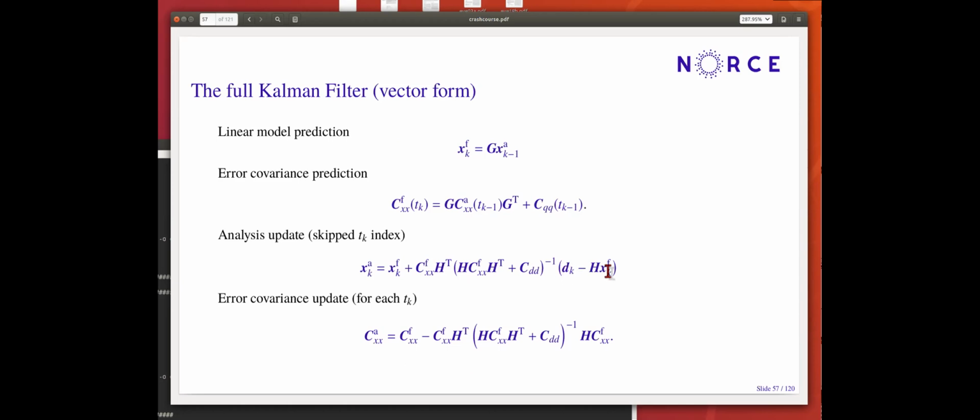So the larger this difference is, the larger the update is. If the measurement errors are 0, then you interpolate the measurements. If the measurement errors go to infinity, then there is basically no update. This matrix gives a kind of weighting of the updates from the different measurements.